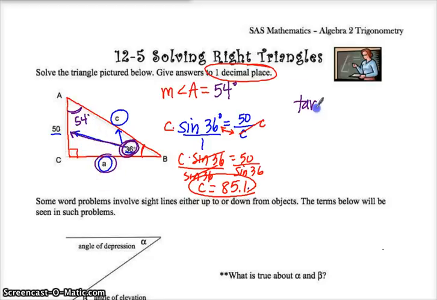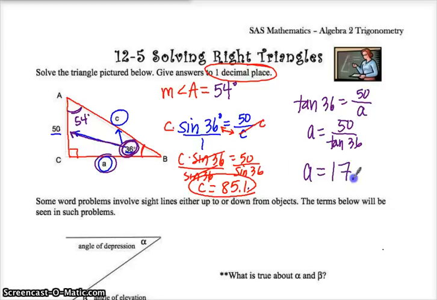Tangent of 36 degrees equals 50, opposite over adjacent. So I swap tangent of 36 and 50, and I get 50 divided by tan of 36. Sorry, I'm doing this on my calculator myself. So A equals 17.2 when I round it to one decimal place.